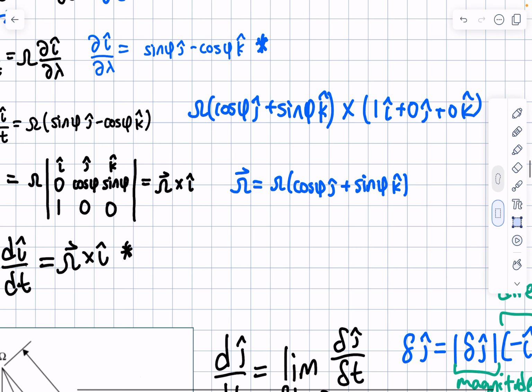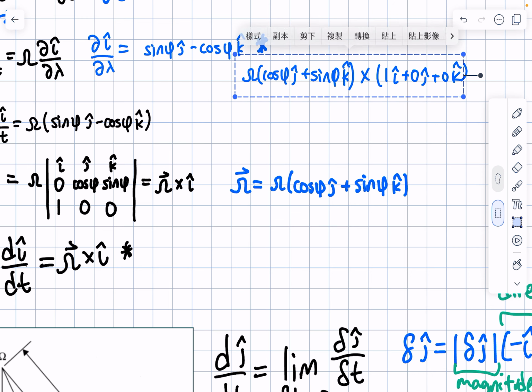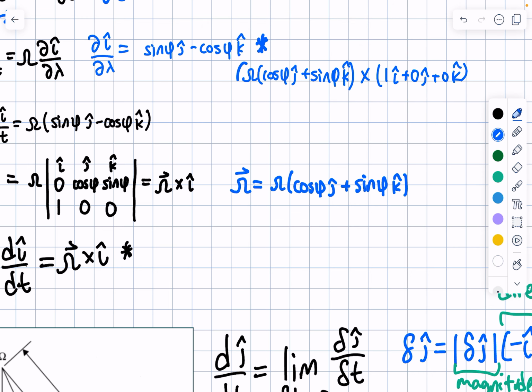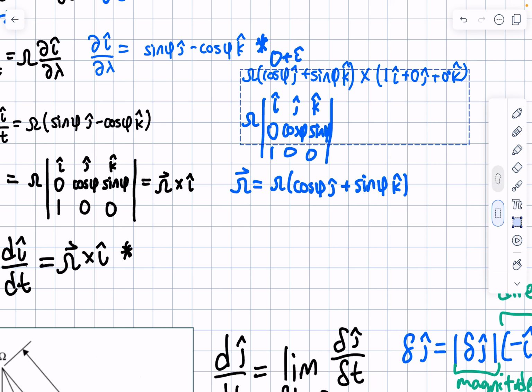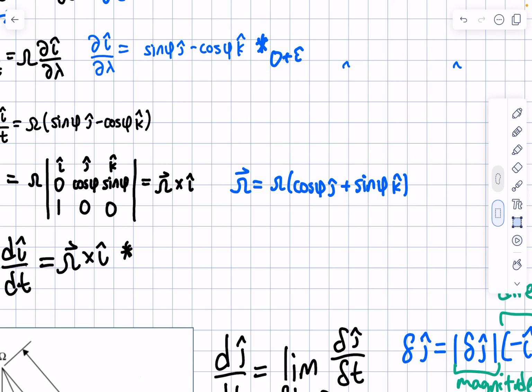It's in this form: you can take out the magnitude, so it's the magnitude times the determinant, and you always put I, j, k up here. Then you put the I component, which is 0, then cos phi, j component, and then sine phi, k component, and then we put, this goes with the I, so it's 1, 0, 0. So that's how we would write the cross.